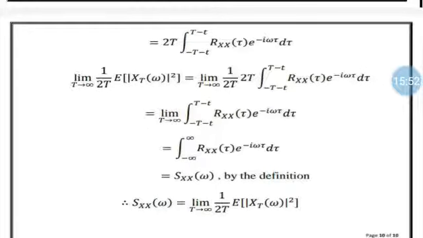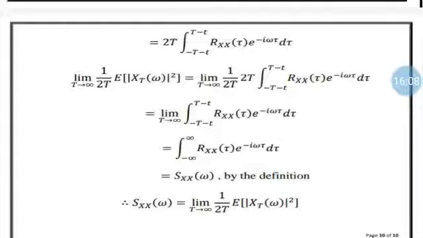Next, the second term, the integral from minus 2T to 2T of Rxx(tau) into e power minus j omega tau d tau. Next, taking the limit T tends to infinity into 1 by 2T on both sides.